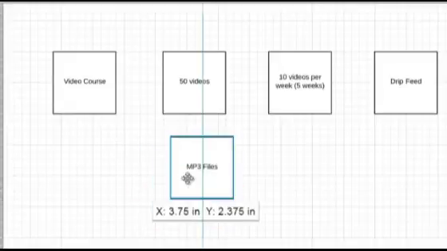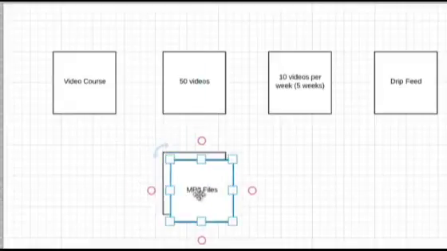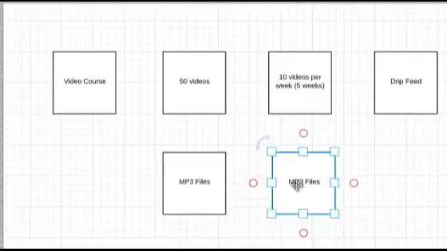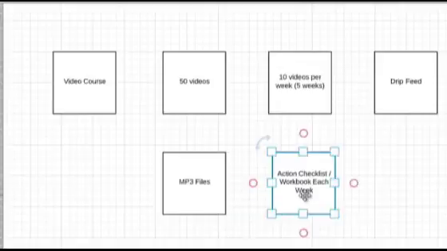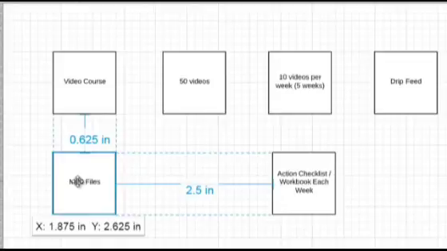And maybe to get them to actually complete the work, I'm going to include some sort of action checklist or workbook each and every week. So that means they get 10 videos per week, plus they also get this many things per week as well.